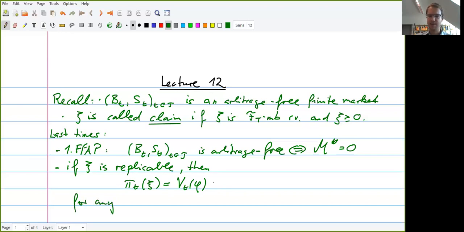And this is independent of the replicating strategy we choose. So in particular, the price process for a replicable option psi is unique. It is the value process of a hedging strategy.